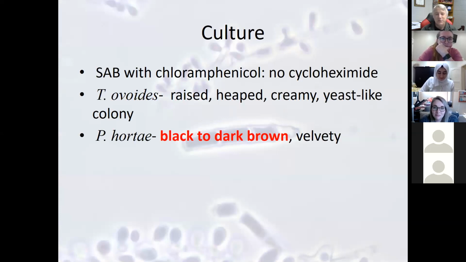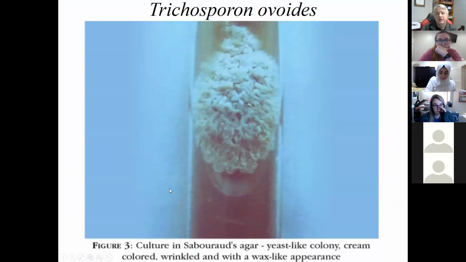So SAB with chloramphenicol, our modified Sabouraud. Trichosporon gives raised heaps, a creamy, yeast-like colony. Hortea is black to brown, velvety. So here's Trichosporon again.